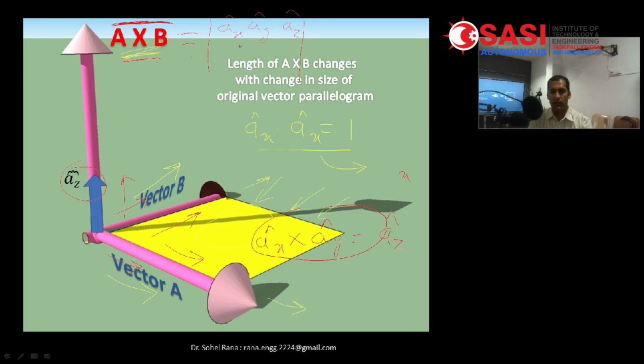Second line we will consider the magnitude of A, say that is AX, AY and AZ. Third one we will consider the magnitude of B, so say BX, BY and BZ, right? So this is the solution method for the cross product. So like this we can solve the cross product. These basics we have to remember.